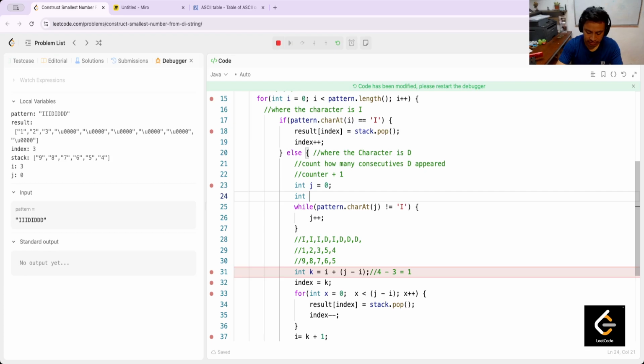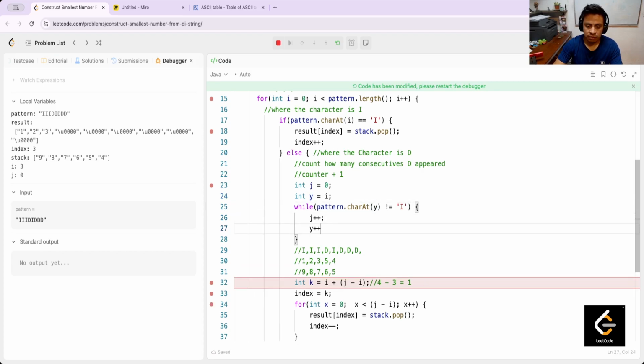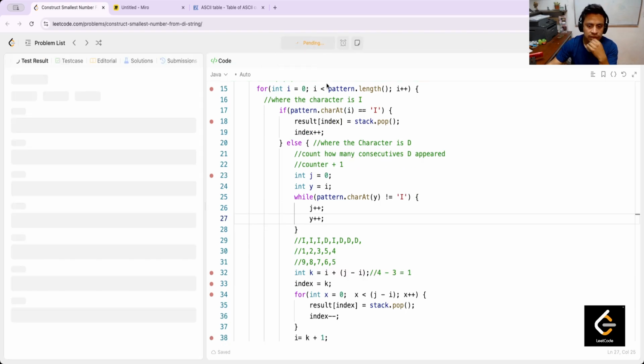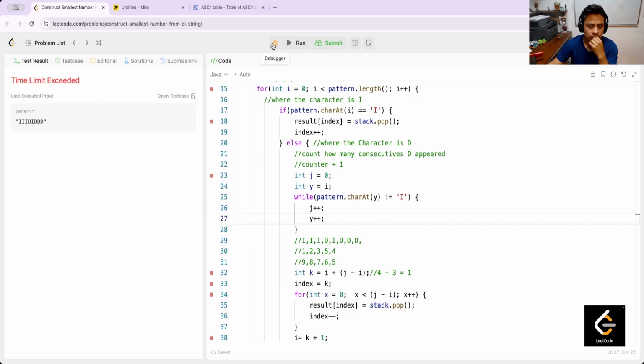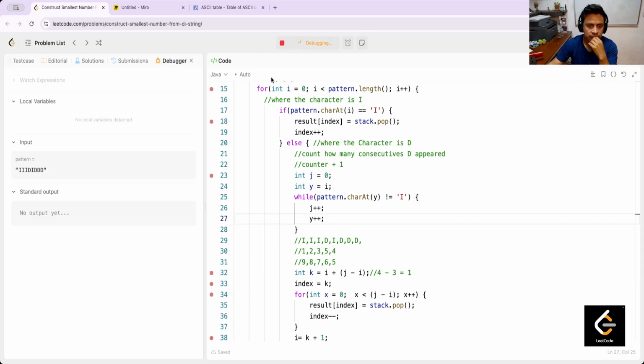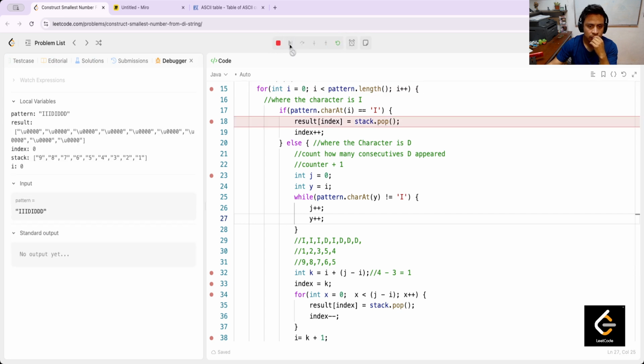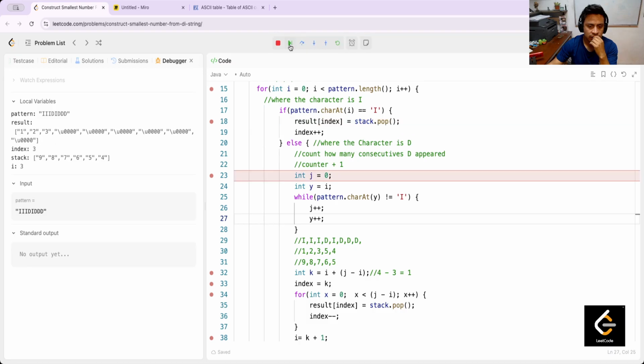Take here j is i, the case is j plus plus. Something is happening here. 1, 2, 3, got it.